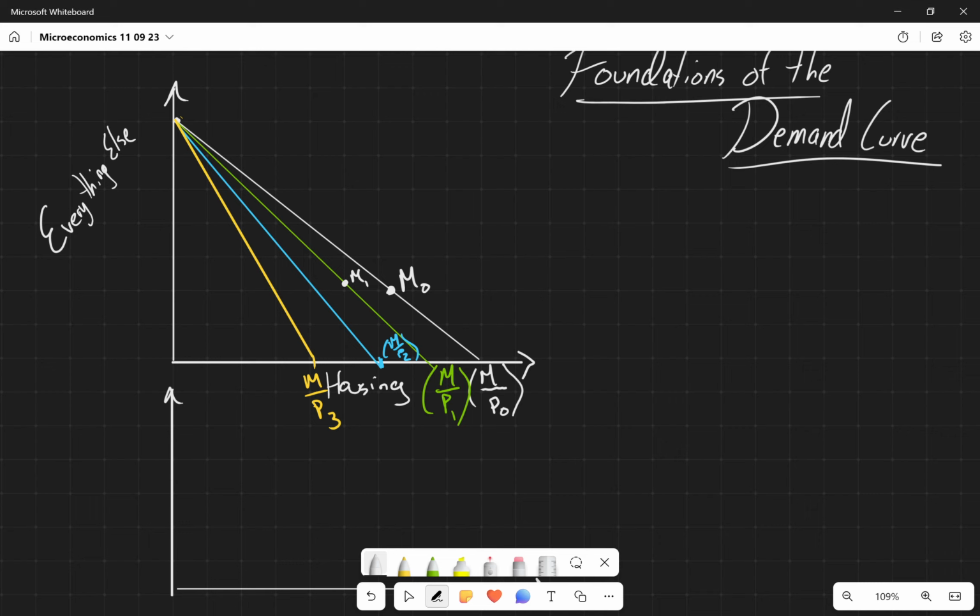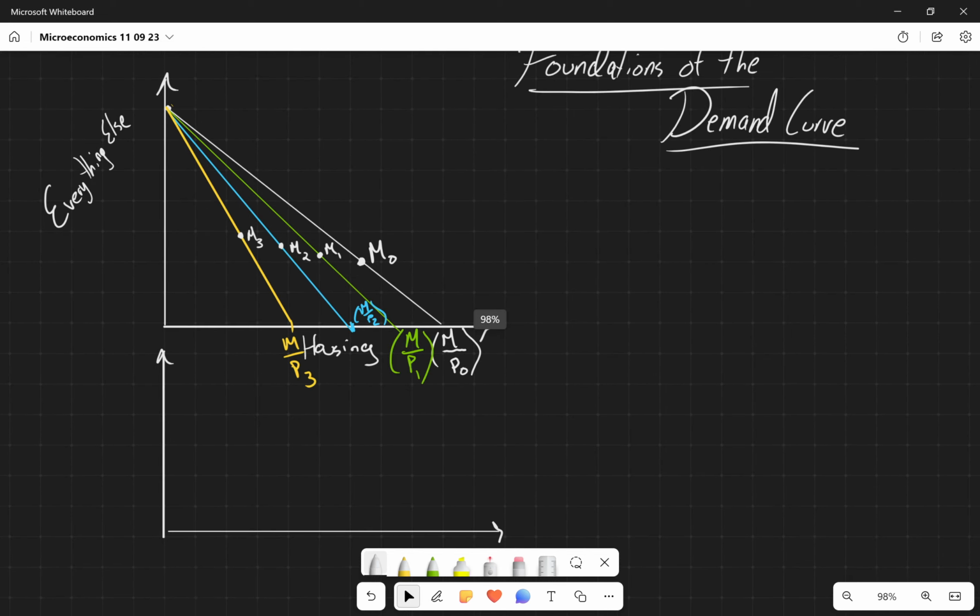As our price increases more and more, we're going to travel a little bit further north in terms of our everything else that we're consuming.